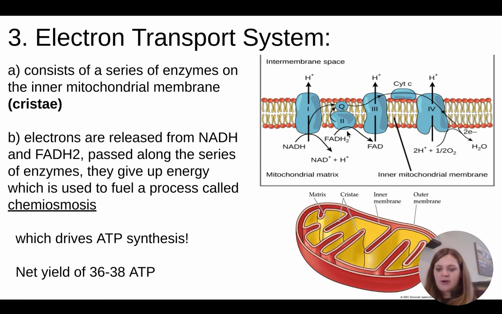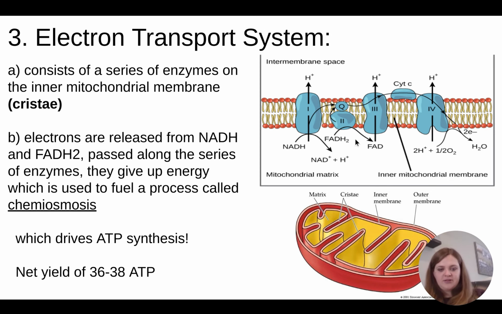We actually call this process chemiosmosis, basically using osmosis to create a bunch of energy. So we're going to be pushing some things across these proteins, kind of with the membrane flow. We don't actually need energy for this process because everything is just going with the flow, with that current theme.